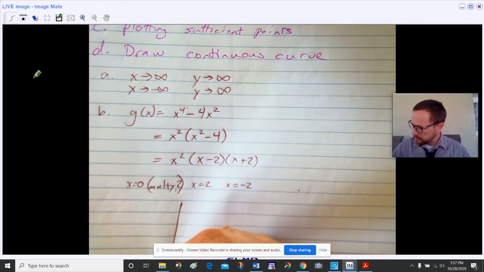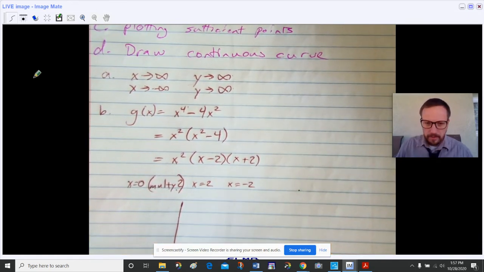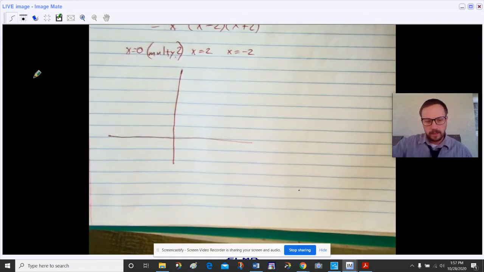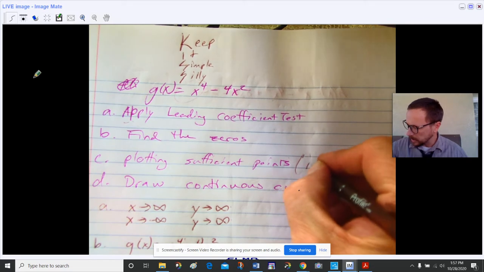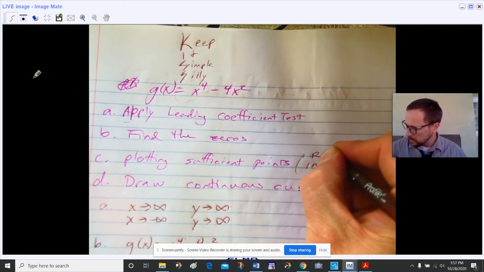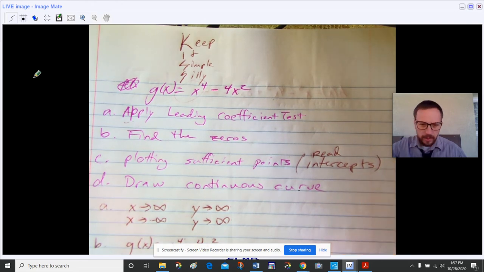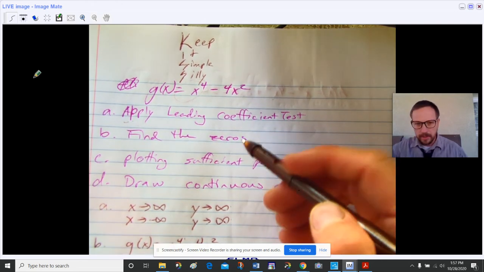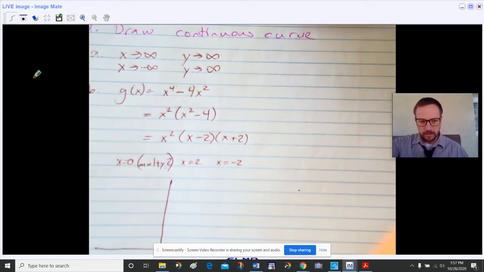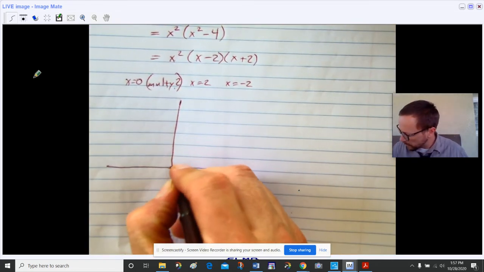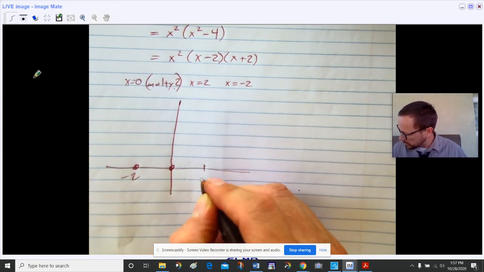It says plot sufficient points. The only sufficient points we really need are the intercepts. X-intercepts and Y-intercept. What's our Y-intercept? 0, 0. That's nice. So we have 0, 0, and we have negative 2 and positive 2.